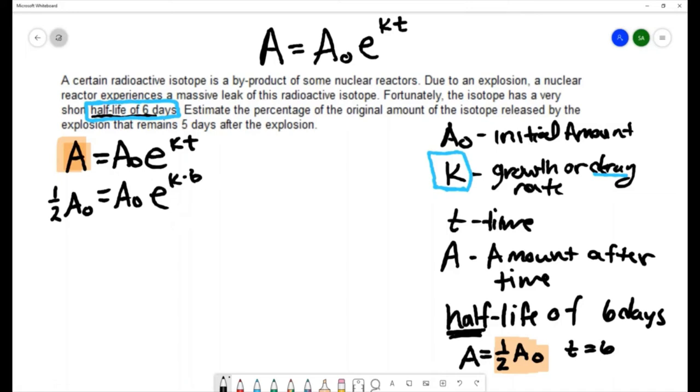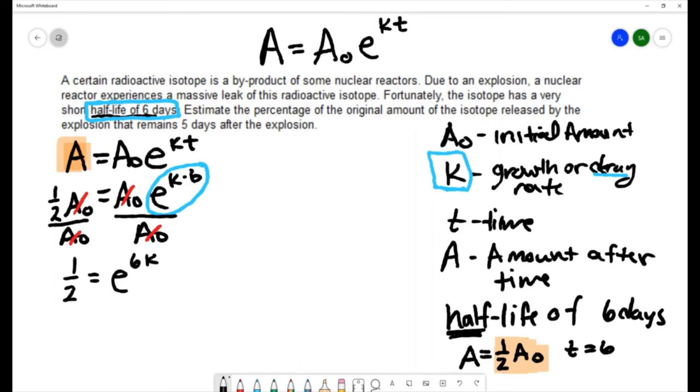We're going to solve this exponential equation by isolating the exponential portion. We divide both sides by A naught. That cancels out the A naught on both sides. So I have 1/2 equals e to the 6k.